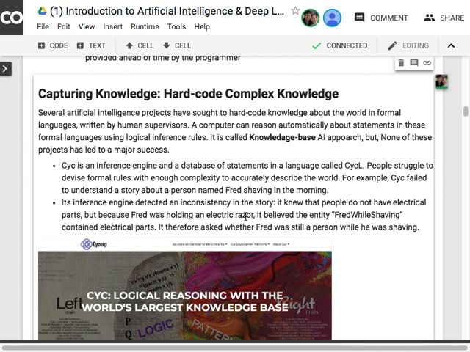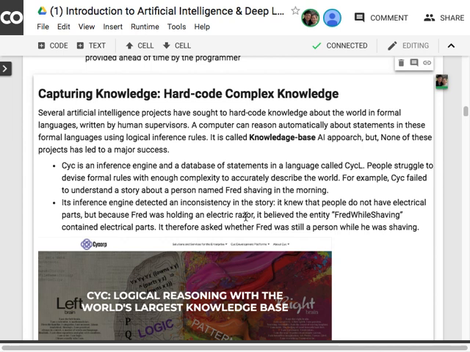Because the inference engine detected an inconsistency in the story. It was known before, by the rules, that people do not have electrical parts. But because Fred was holding an electric razor, it believed that the entity Fred shaving contained electrical parts. Therefore, it asked the human supervisor whether Fred was still a person while he was shaving.